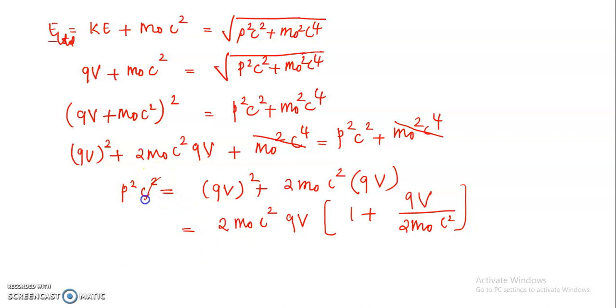We can cancel c square from both sides. So p square equals 2 m0 QV into 1 plus QV divided by 2 m0 c square.